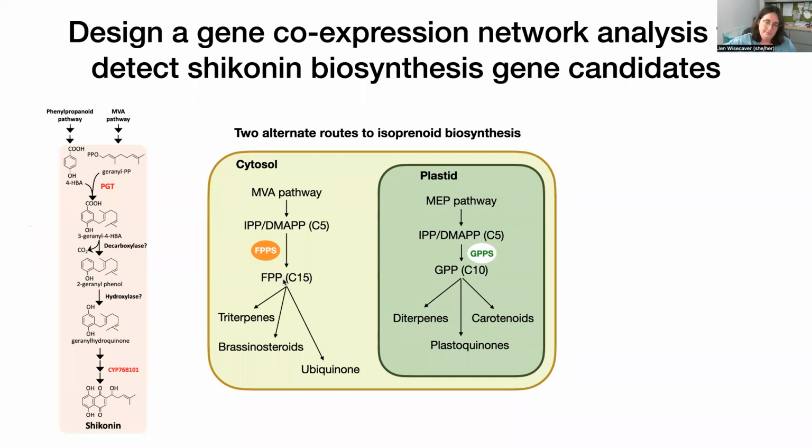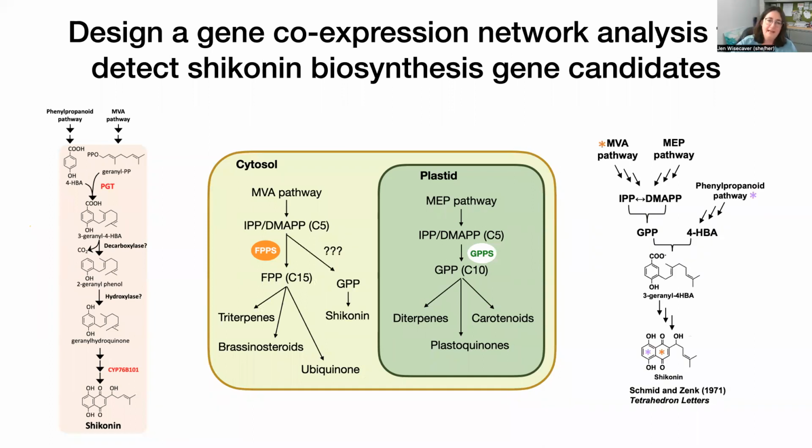And then there's the MEP pathway in the chloroplast that, with the geranyl pyrophosphate synthase, produces this 10-carbon GPP intermediate. But Shikonin's kind of weird. It is produced in the cytosol via a GPP intermediate, but labeling in the 70s showed that that GPP precursor was derived from the precursors from the MVA pathway. So what exactly is going on here?